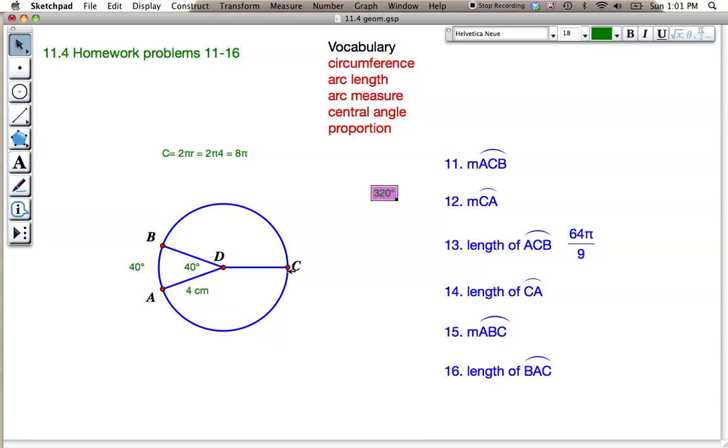Finally, we're asked to find the length of arc BAC. So we found the length of arc AC to equal 32 pi over 9. So we need to find the length of arc BA. Here we can set up another proportion.